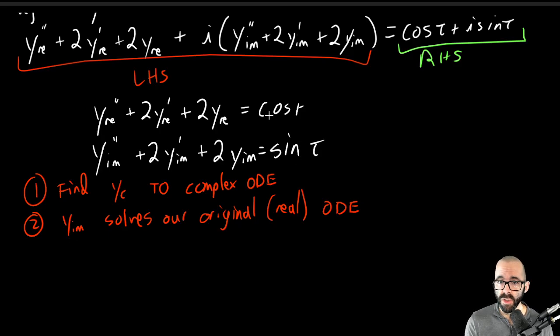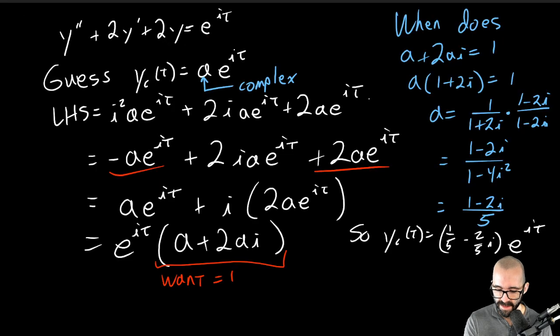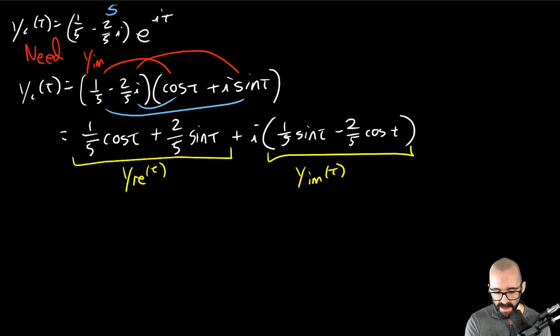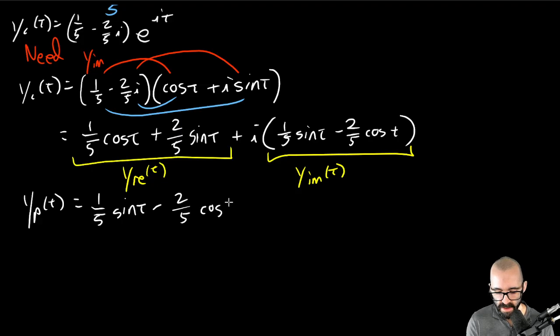If the original differential equation had cosine, we'd be looking at the real part. So our particular solution is just the imaginary part, 1/5 sine of t minus 2/5 cosine of t, which is cool.